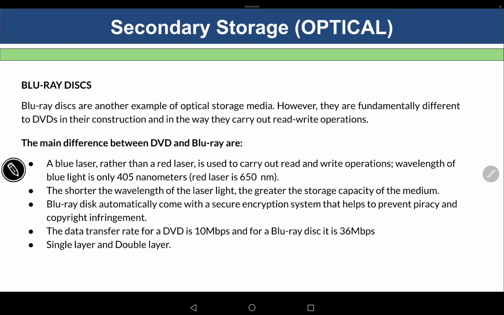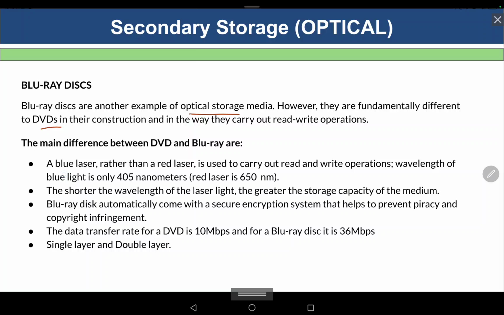Now let's look at Blu-ray disc. Blu-ray disc is also another example of optical storage medium. However, they are different from DVDs in their construction and in the way they perform read and write operations. Now, what is the difference between DVD and Blu-ray?